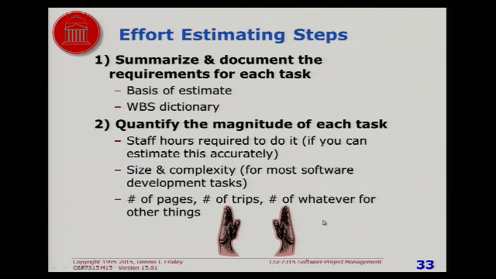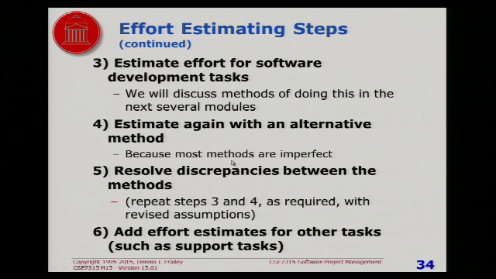You quantify the task based on the nature of the task. But basically you're saying, how big is it? Then you estimate the effort for all the software development tasks. And we're going to talk about many methods of doing that.